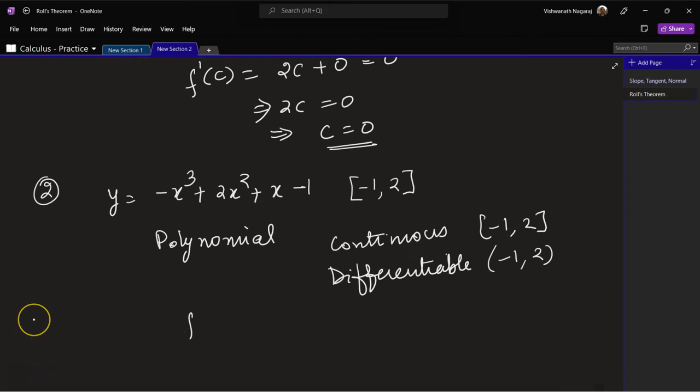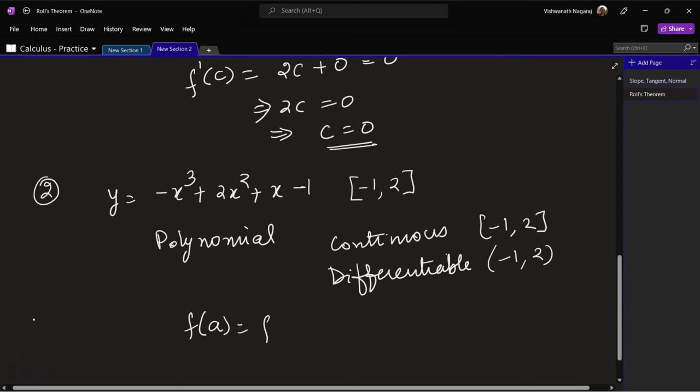And now we have to figure out f of a, which is f of -1, which is going to be equal to -(-1) cube plus 2(-1) square plus (-1) minus 1, which gives us -(-1) is 1, plus 2, minus 1, minus 1, which gives us 3 minus 2 is 1.